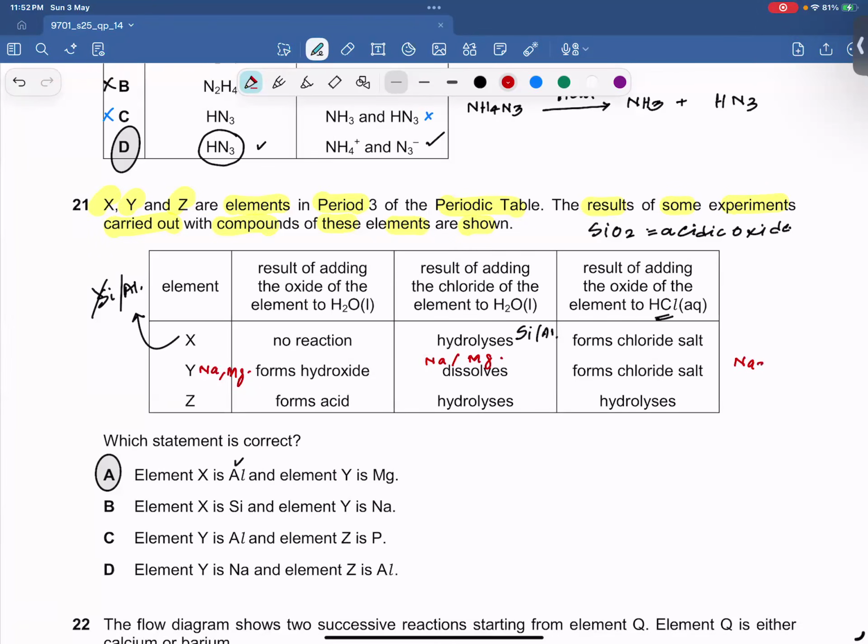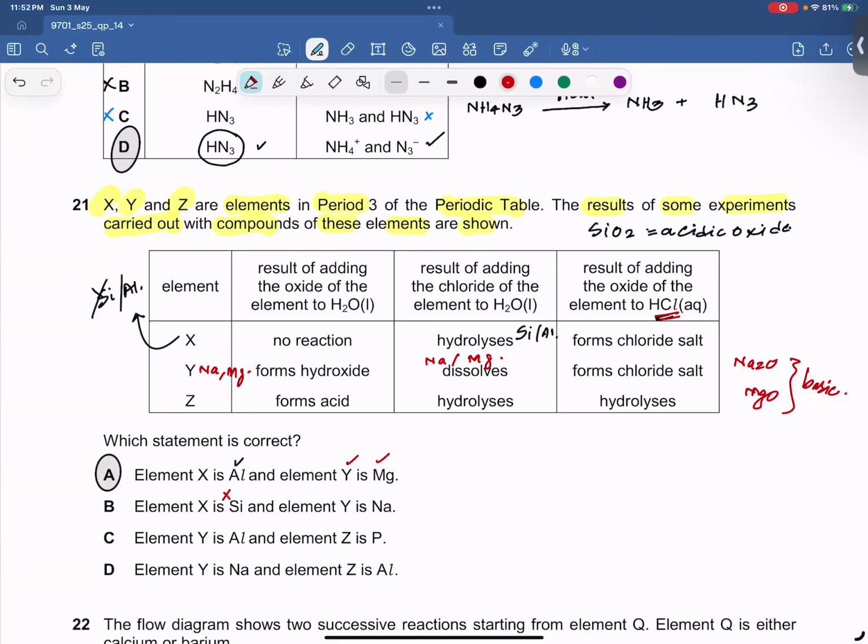Both sodium oxide and magnesium oxide are basic oxide. They can react with acid to form salt and water. That's true. So Y जो है वो सोडियम भी हो सकता है, मैग्नीशियम. एग्जामिनर ने यहाँ Y मैग्नीशियम दिया हुआ है, which is why A is the right answer.